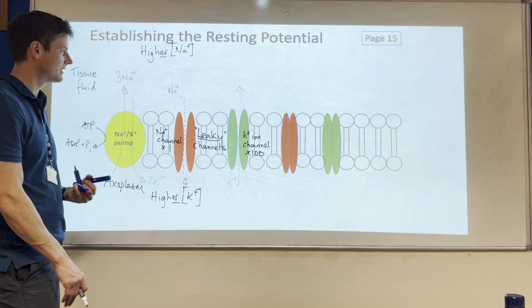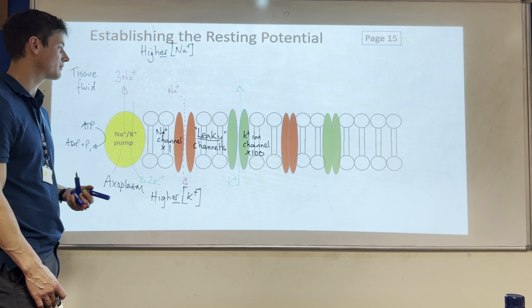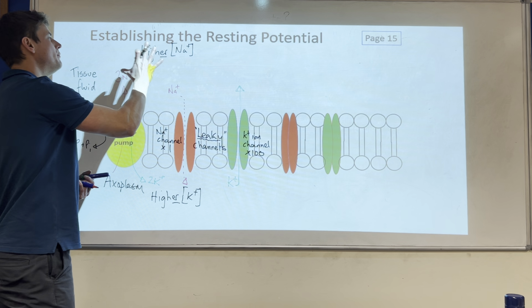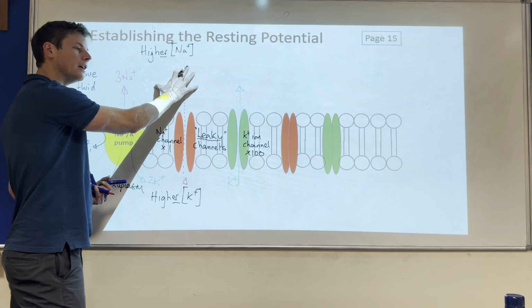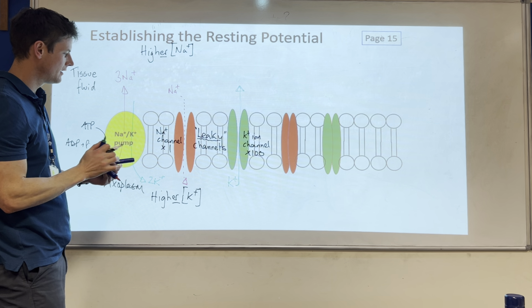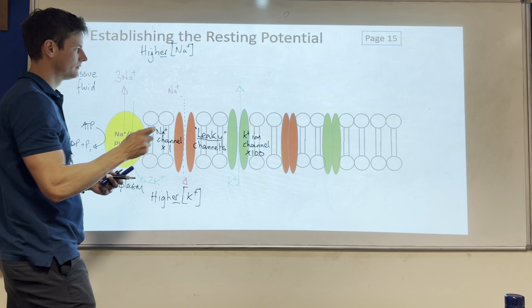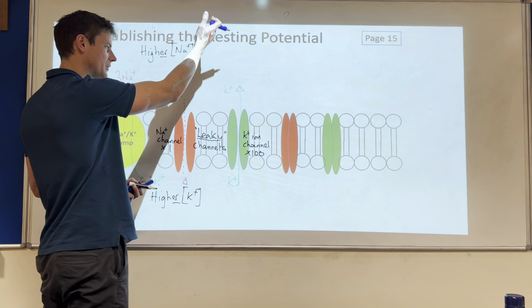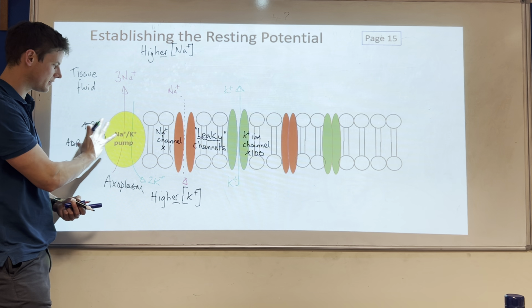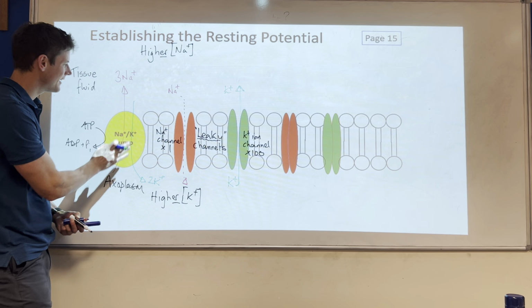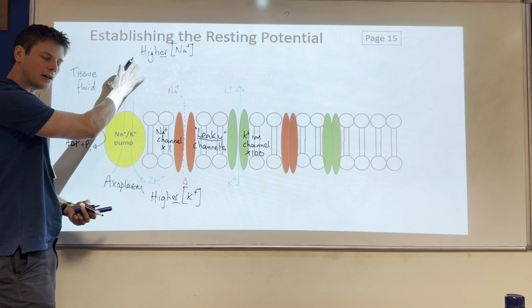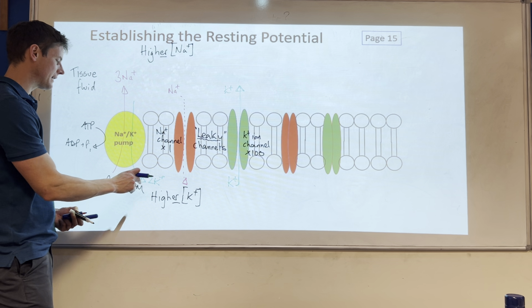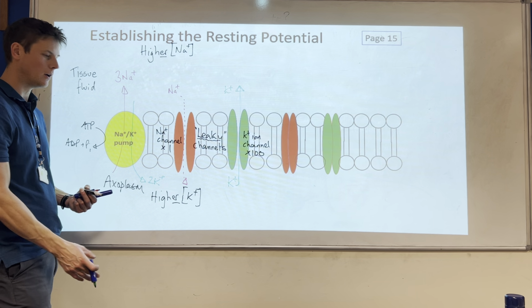Okay, so this establishes a potential difference across the membrane. What we end up with is an accumulation of more positively charged ions on the outside than on the inside. Okay, because we've got a lot more potassium ions diffusing back out, and to begin with, the sodium potassium pump is exchanging 3 of those positively charged sodium ions out for every 2 positively charged potassium ions in.